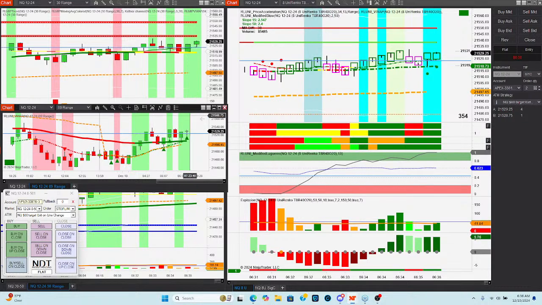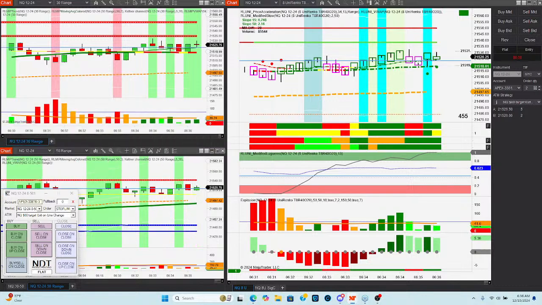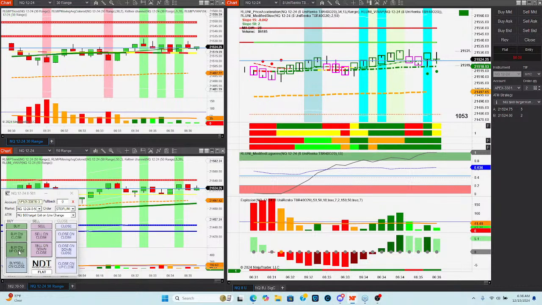Nice angle of the volume of the trend line. Well, this could be. We're above the VWAP, so let's see if this can just shake itself loose.